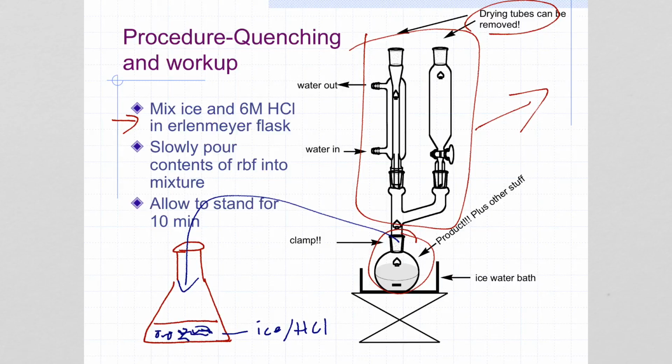That will quench the reaction, and at that point you're going to have a mixture of your alkyl acetophenone and a whole lot of other stuff, and so we're going to need to work that up in order to get it away from the water and aluminum salts, chloride ions, and all the other stuff that's in there.